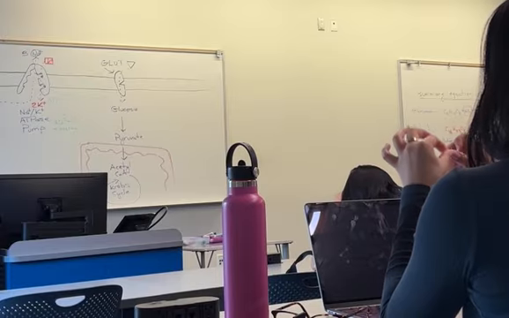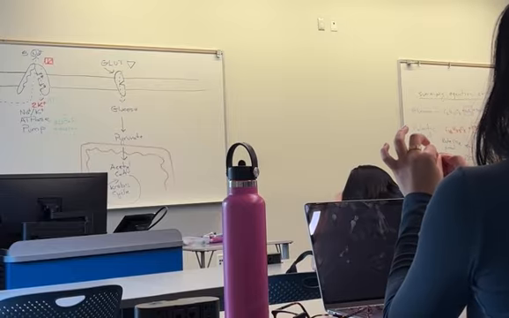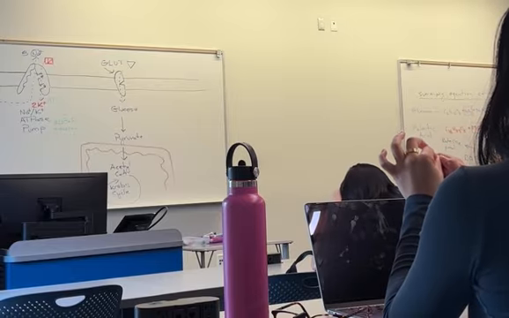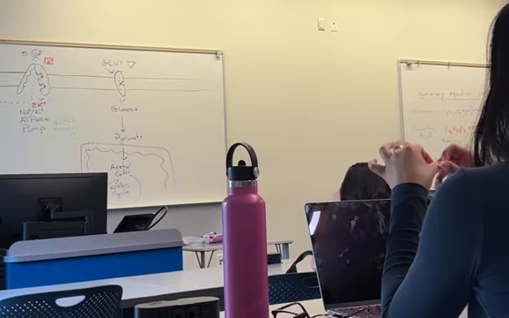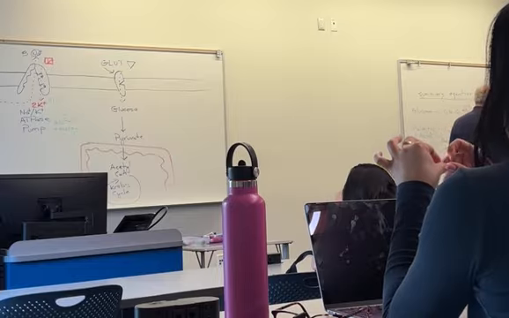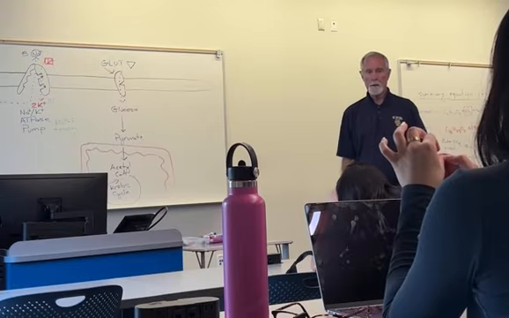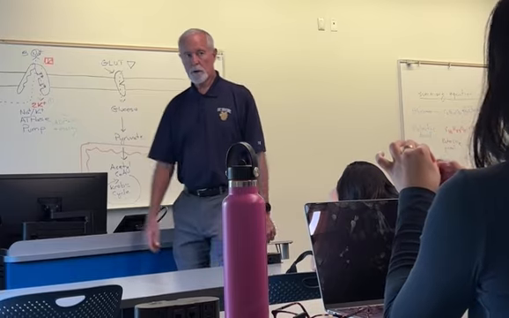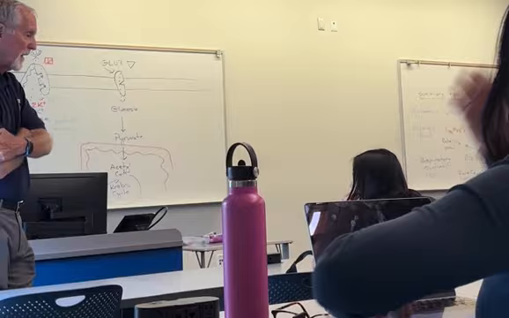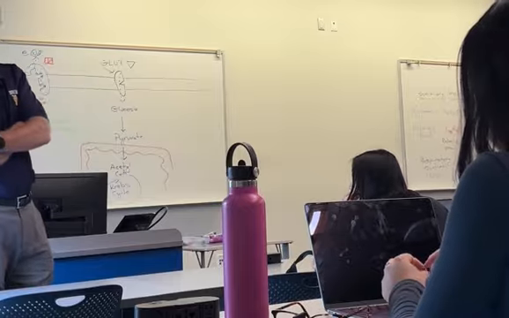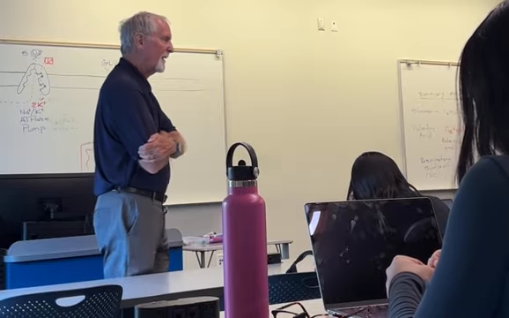We see that the ratio is 16 CO2 produced versus 23 molecules of oxygen consumed. Break out your calculator real quick and tell me what's the respiratory quotient. 0.6956. Can I round that off to 0.7? Good.